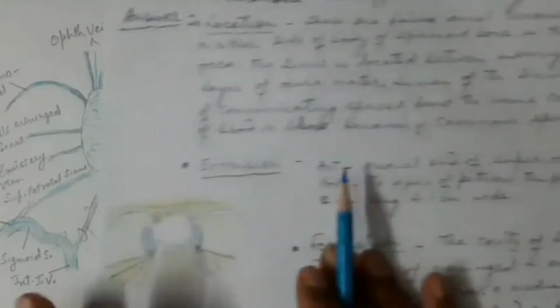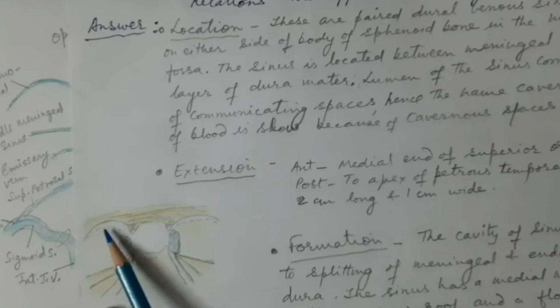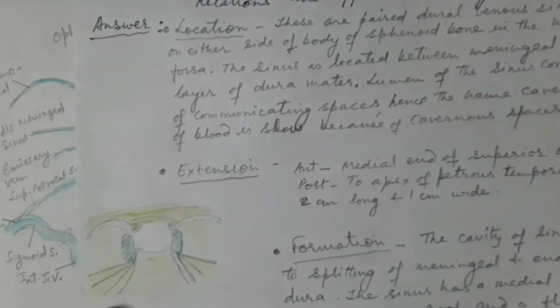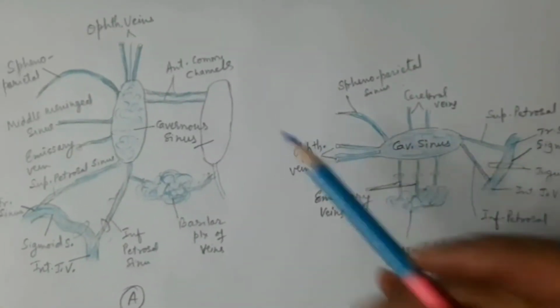The anterior end of the sinus is close to the medial end of the superior orbital fissure, and through it the superior and inferior ophthalmic veins bring the blood to the cavernous sinus.